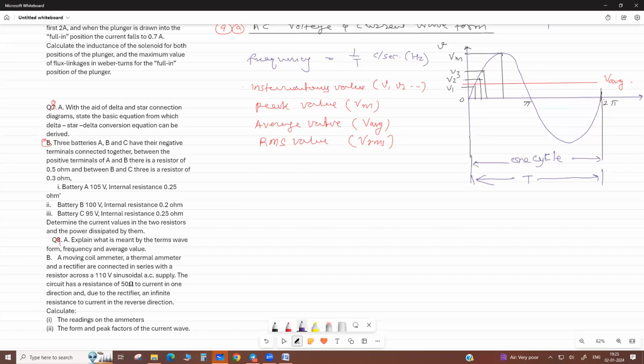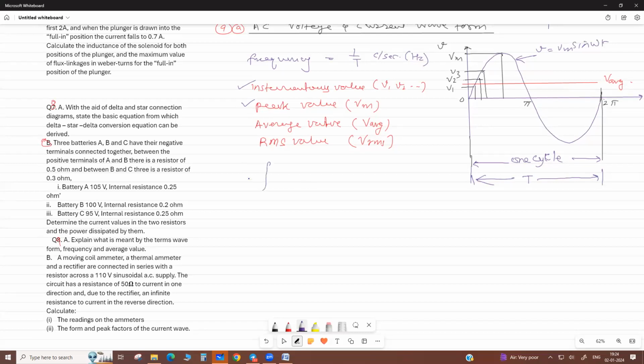So here we know. Now average means the area under the curve. We calculate this value. If we know the equation, or either you add all V1, V2, V3 divided by the number of samples. Or there is another way: you know the equation V equals Vm sin omega t.